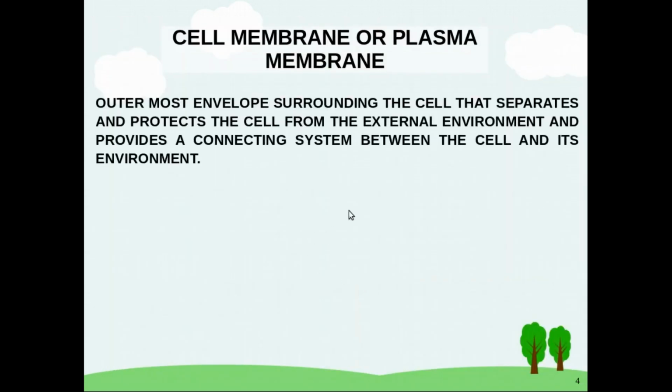Now you can copy down the cell membrane and the structure of the cell membrane to your notebook. Cell membrane: the outermost envelope surrounding the cell that separates and protects the cell from the external environment and provides a connecting system between the cell and its environment.